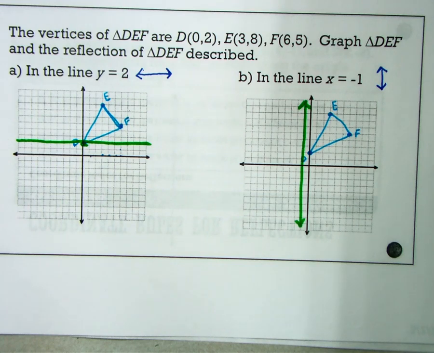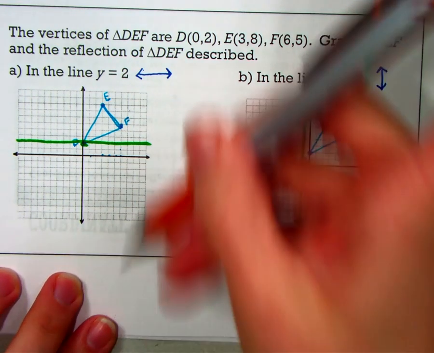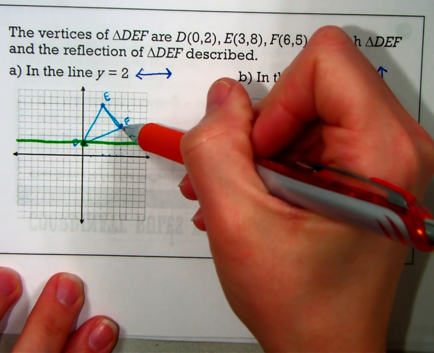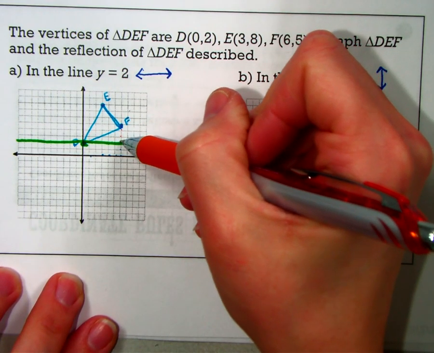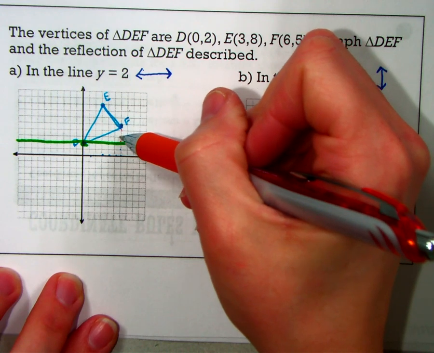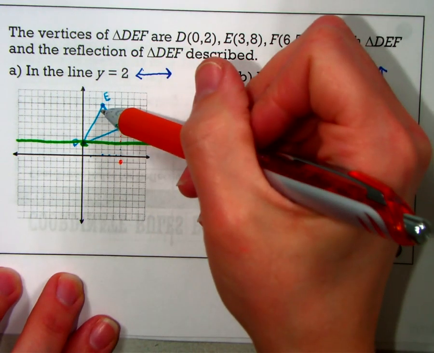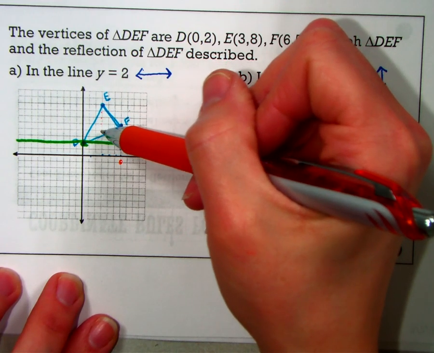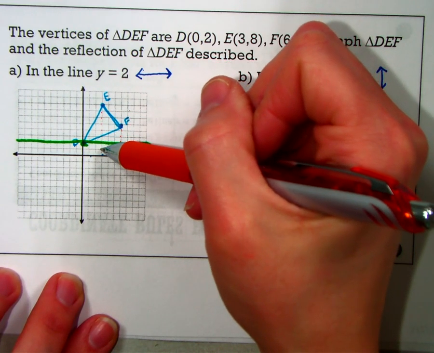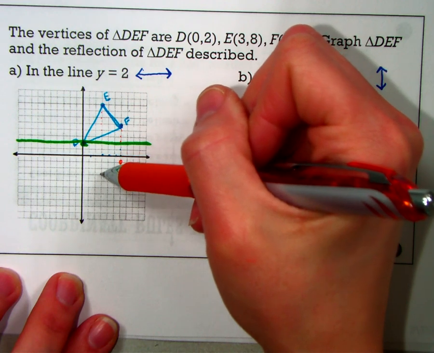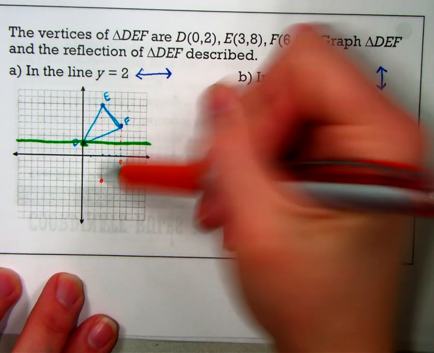So we're basically just making it symmetric on both parts, but we'll get to that idea later. So again, we're just counting this distance, and because it's in the coordinate plane, it's got nice easy boxes. So 1, 2, 3, 1, 2, 3. This is 1, 2, 3, 4, 5, 6. 1, 2, 3, 4, 5, 6.